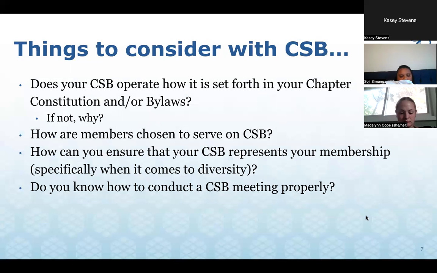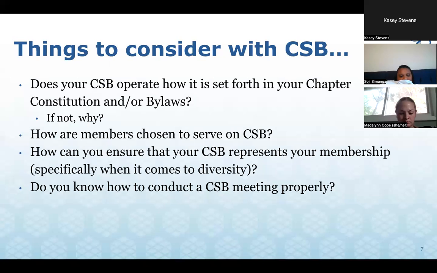So, things to consider with your chapter standards board. These are questions you should probably ask yourself and determine if yes or no is the answer. One is, does your chapter standards board truly operate how it's set forth in your chapter constitution or bylaws? If not, why?